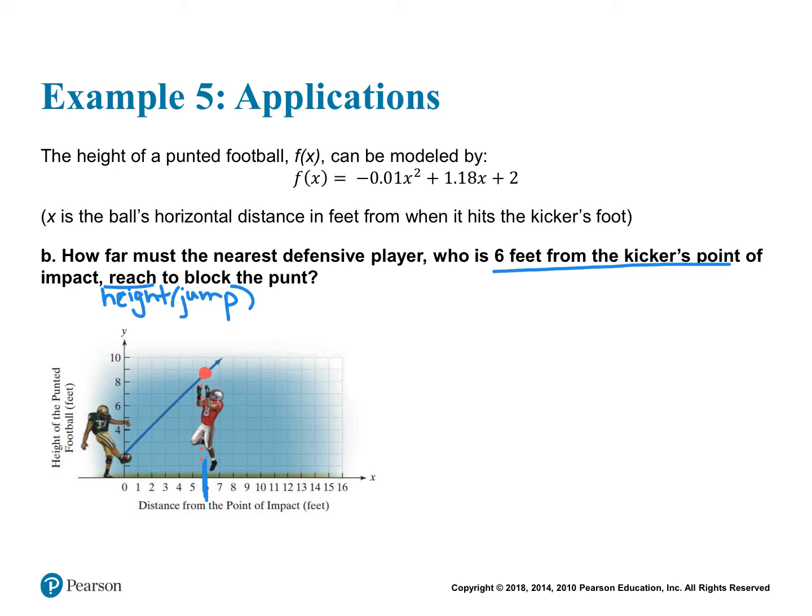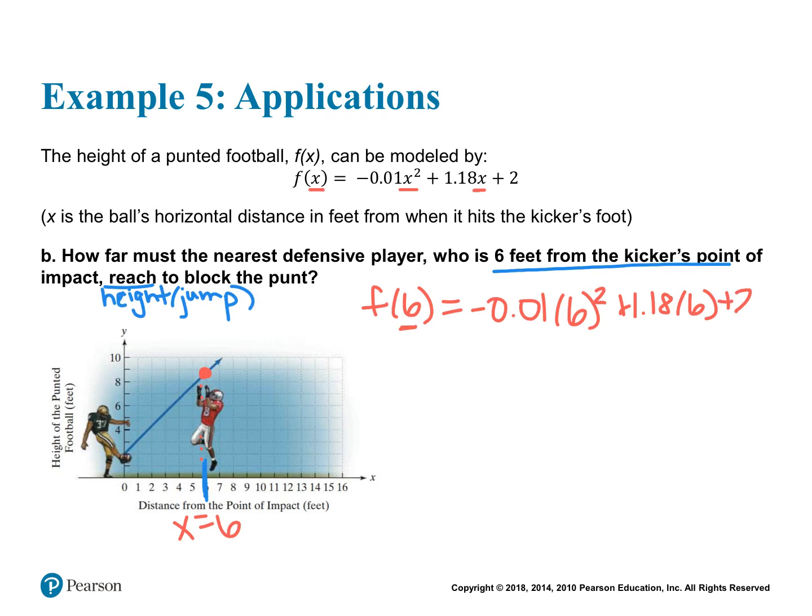So we're trying to find when the x is 6. So what is f of 6? So I'm replacing all my x's with a 6. So I'd have negative 0.01 times 6 squared plus 1.18 times 6 plus 2.